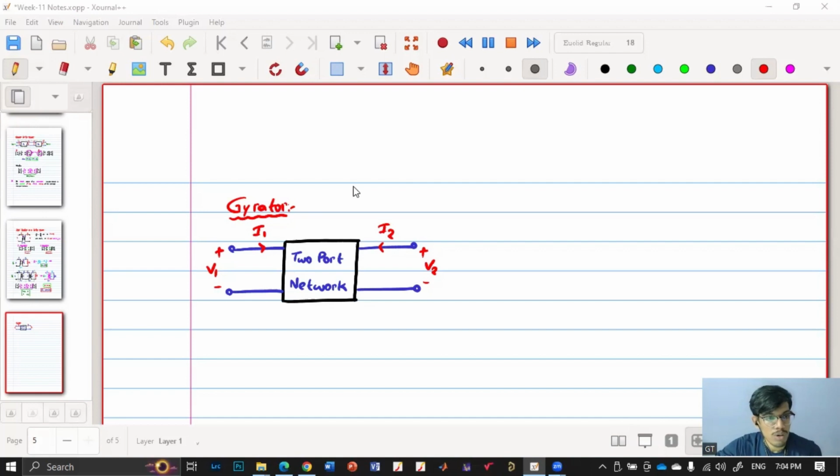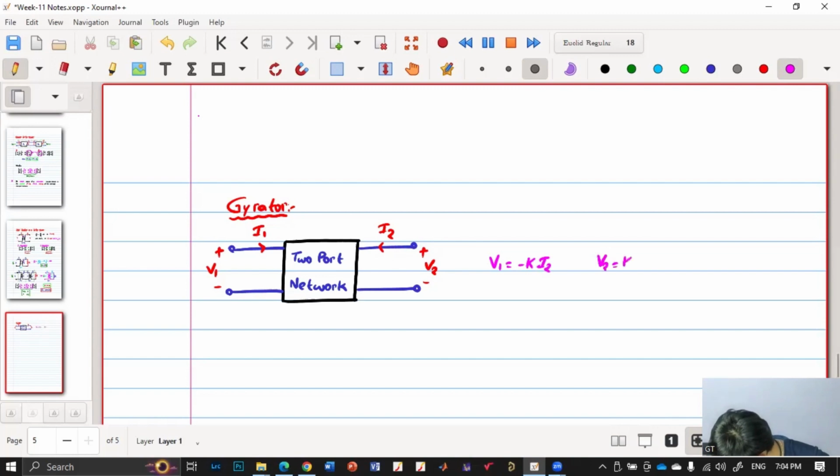The condition that a gyrator needs to satisfy is V1 equals minus K into I2, and V2 equal to K into I1. If this is satisfied by a two-port network, then we can say a gyrator is a two-port network that satisfies this condition.